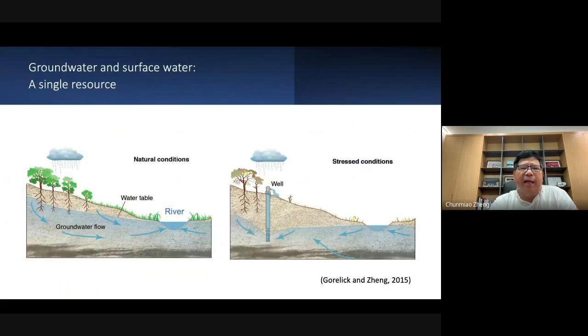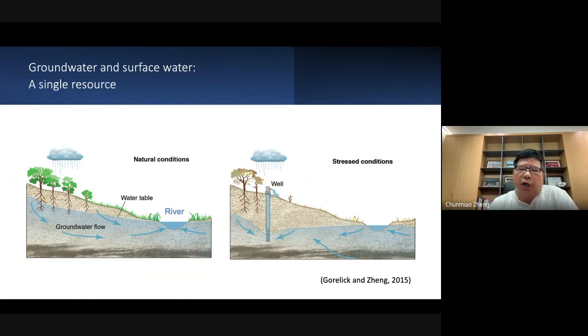I want to emphasize using this cartoon that groundwater and surface water are really a single resource. On the left, groundwater comes from infiltration into the underground and, under natural conditions, discharges to the river with surface water. The water table is quite near the land surface, so vegetation is growing well and it's a healthy ecosystem.